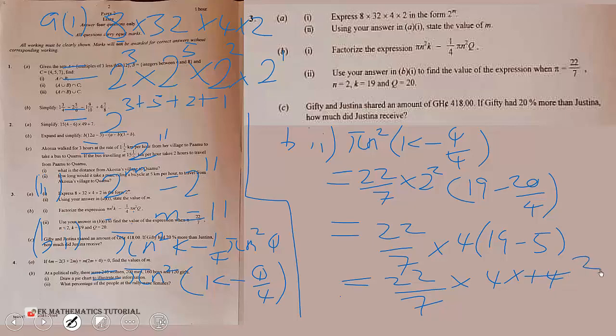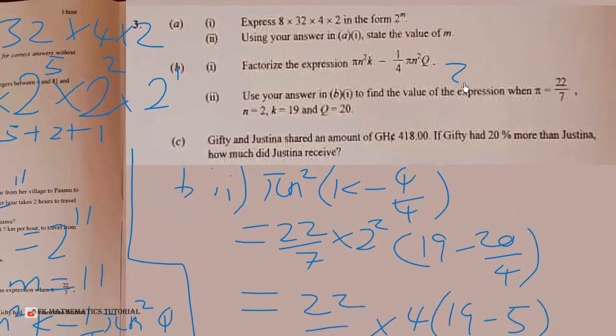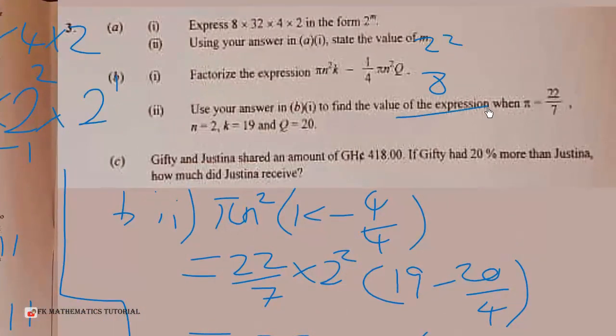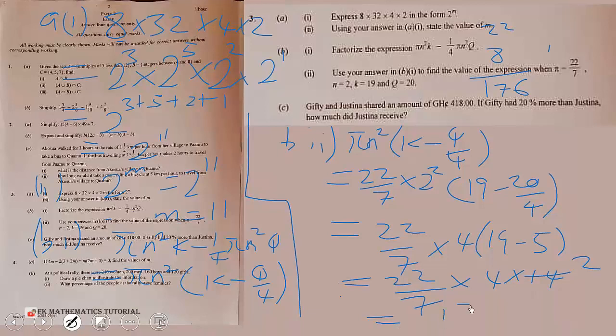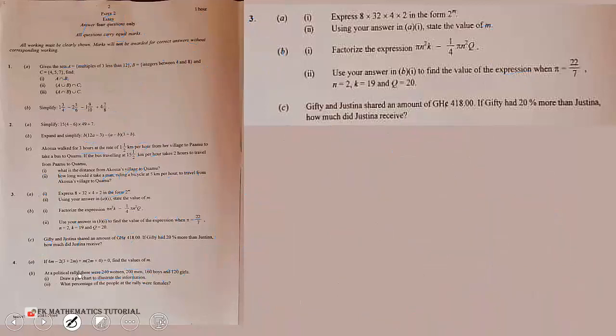So we have 8 times 22. So 8 times 22, 8 times 2 is 16, so 6 carry 1, 8 twos are 16, 176. So that will be equal to 176.